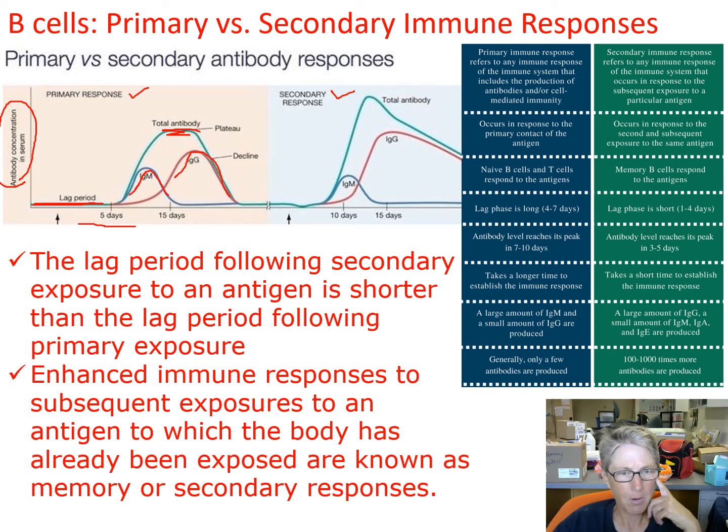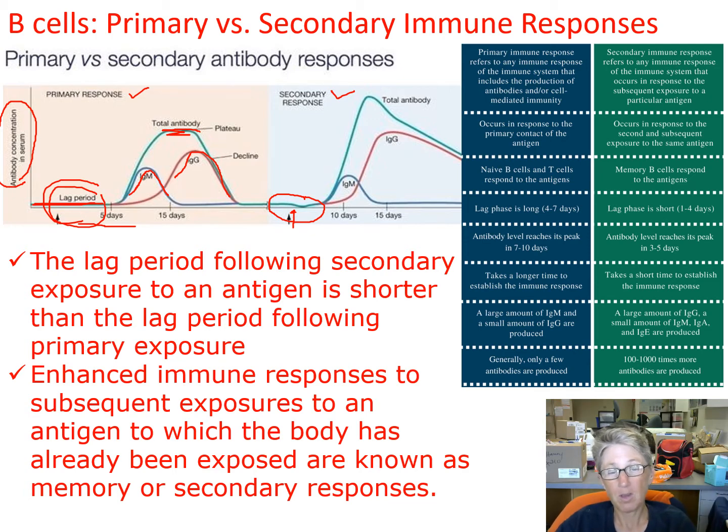So here's the lag period in the primary exposure, and here's the lag period in the secondary exposure to that same antigen that made you sick the first time. The lag period following secondary exposure is shorter than the initial lag period. There's an enhanced immune response to subsequent exposures.